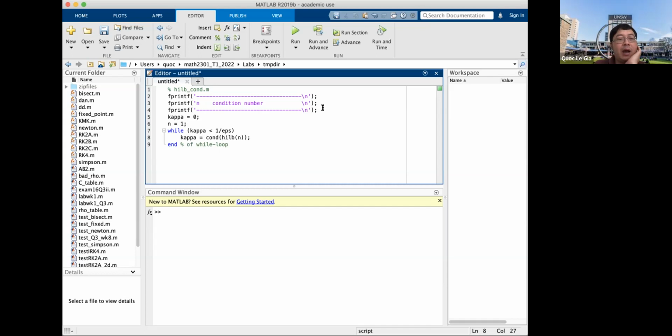Now you need to print out n and then the condition number, kappa. How do you print out n and kappa inside the loop?